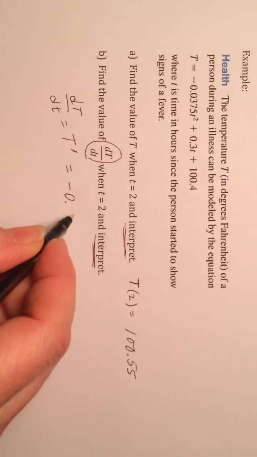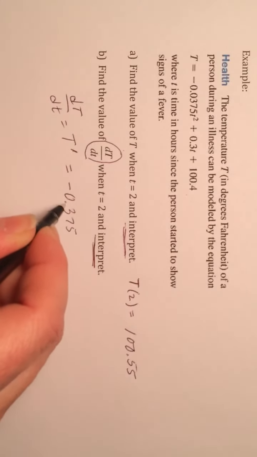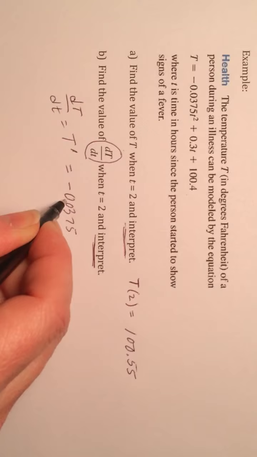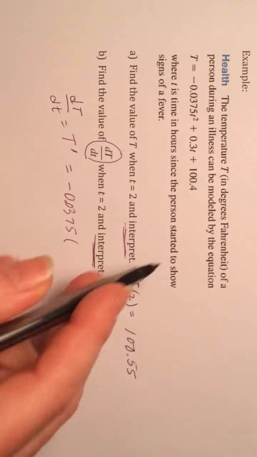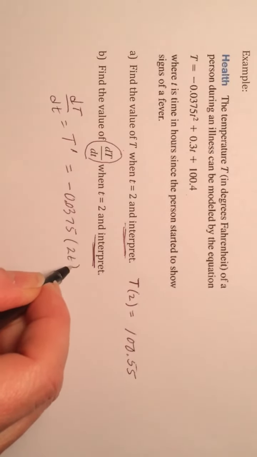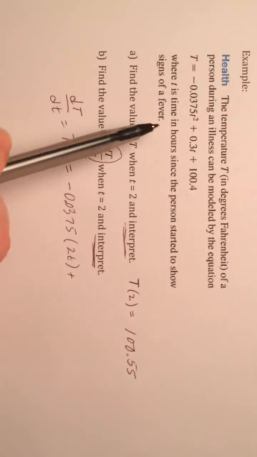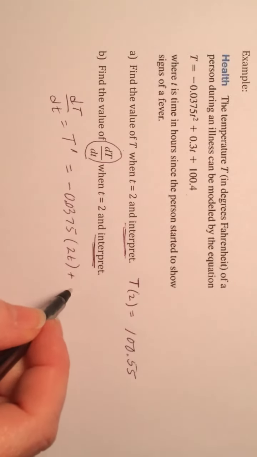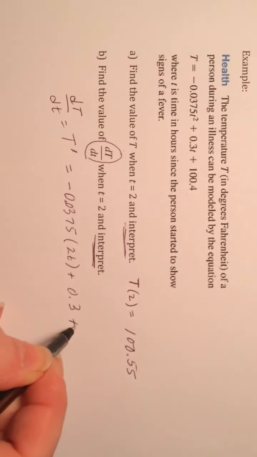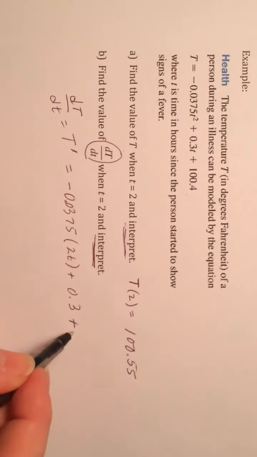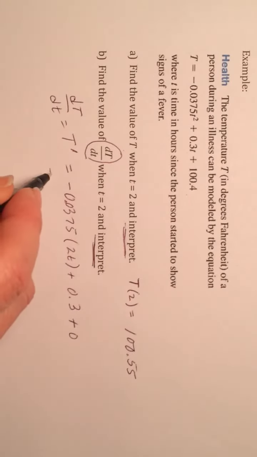Negative 0.0375 times the derivative of t squared, which is 2t, plus the derivative of 0.3t, which is 0.3, and the derivative of a number by itself, which is 0.